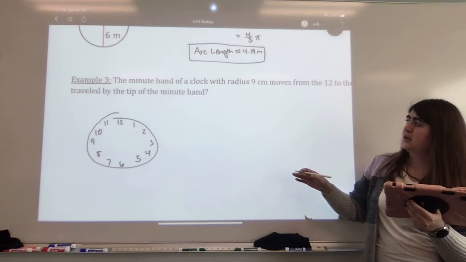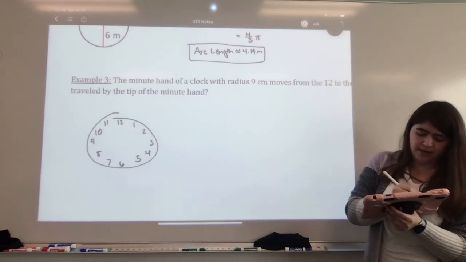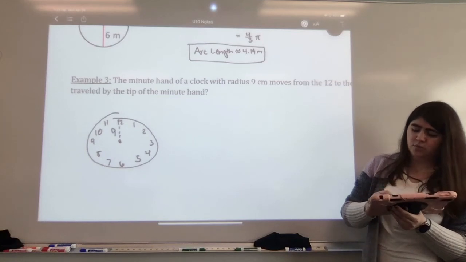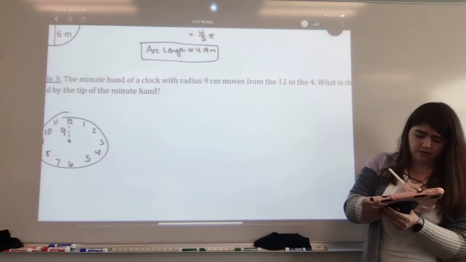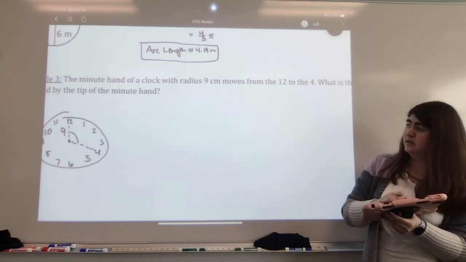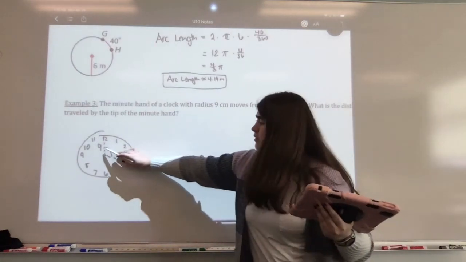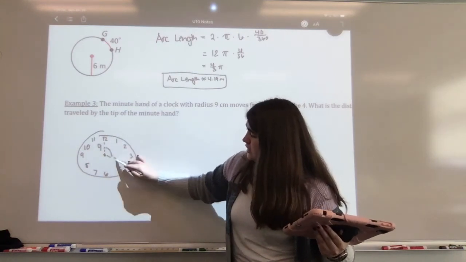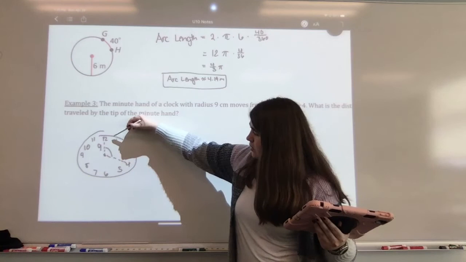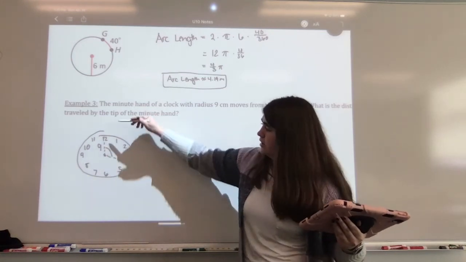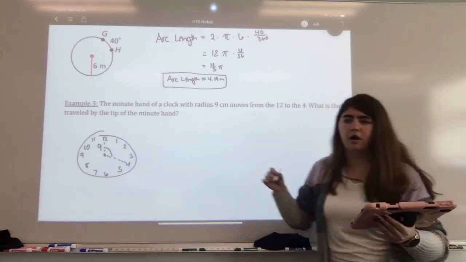And our minute hand is traveling a radius of 9 from the 12 to the 4. So this is the distance that we are finding for our sector, and this is the degrees we're looking for. So this is going 1, 2, 3, 4 out of a total of 12 pieces around our clock.